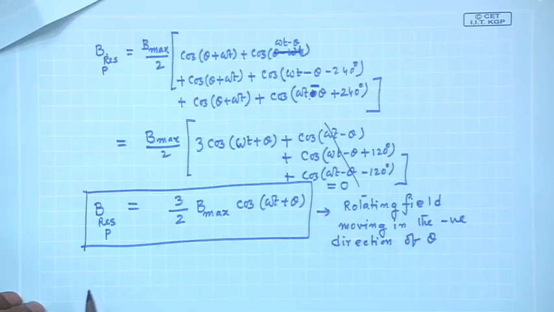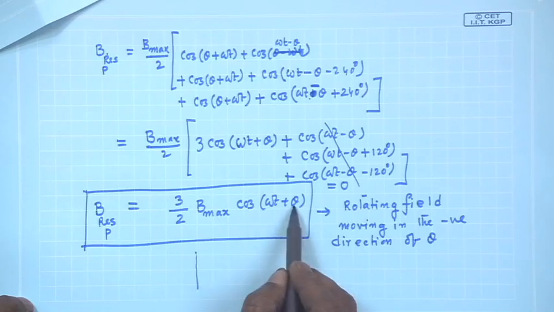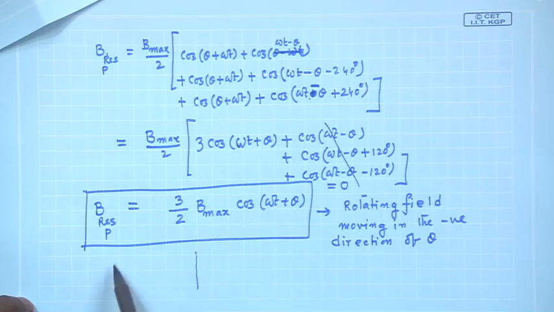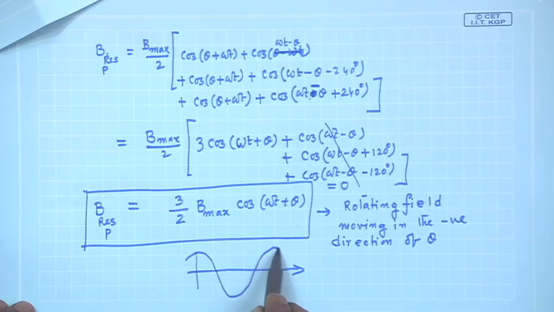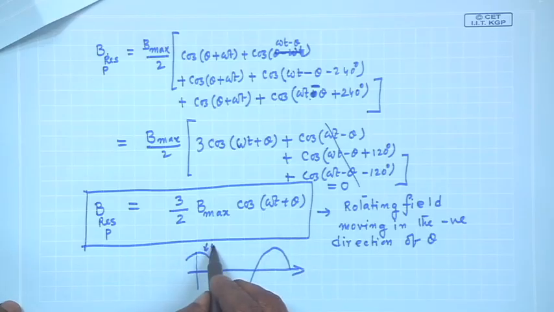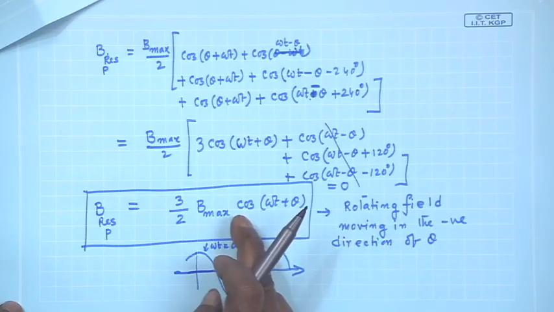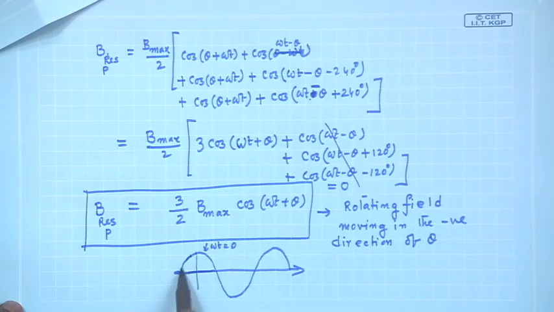And it has to be, because if the rotating field is somewhere here now, after a certain time with respect to theta, it will be leading this voltage. So, it will move if theta is in this direction and this is your resultant field here at omega t equal to 0. Then at a certain value of omega t, it will be cosine theta plus that value, which is nothing but a leading waveform.